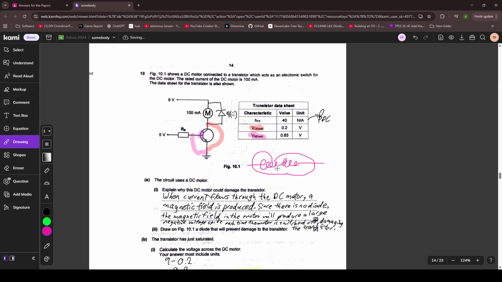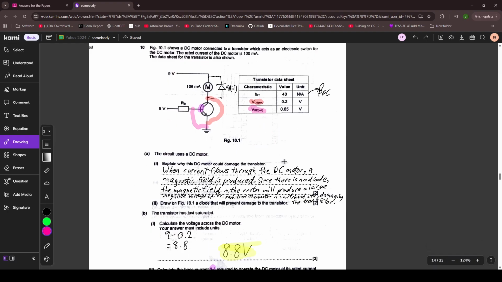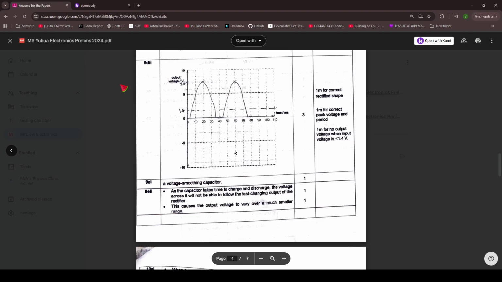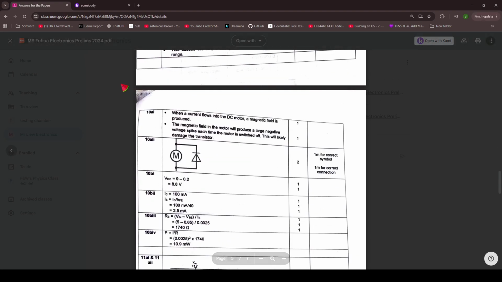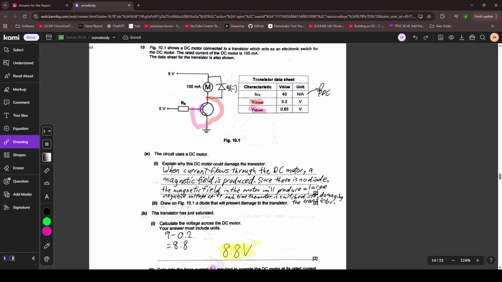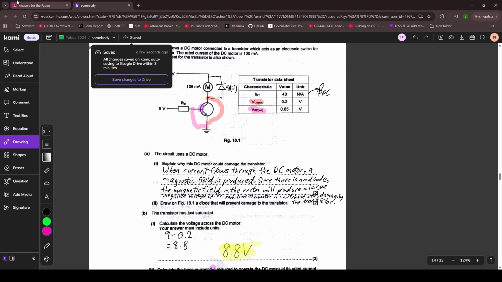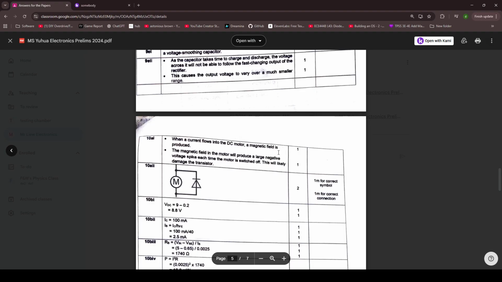Once you stop driving a current through the inductor, the magnetic field will collapse and produce a large negative voltage spike. The thing is, I don't know if that's the appropriate explanation for this question. It is! Oh, it is! Okay, what does the answer key say?